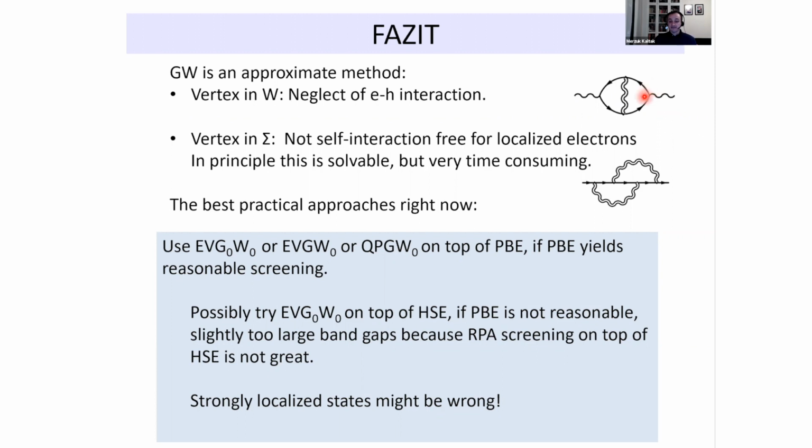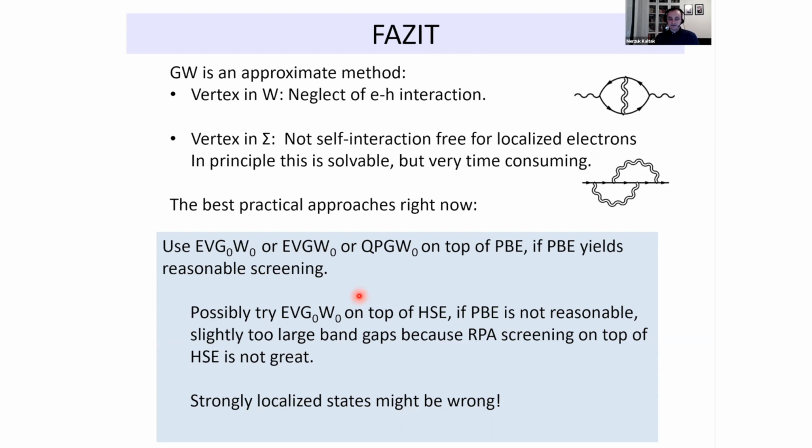On the other hand, I would say the best practical approach right now is to use either eigenvalue G0W0, eigenvalue GW0, or even the quasi-particle GW0 approach on top of PBE, only if PBE yields reasonable screening. If you study larger systems, like larger unit cells, you could use the corresponding low scaling implementations where you just leave out this EV in front.